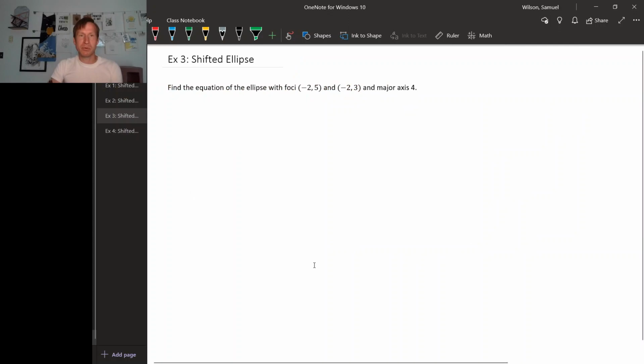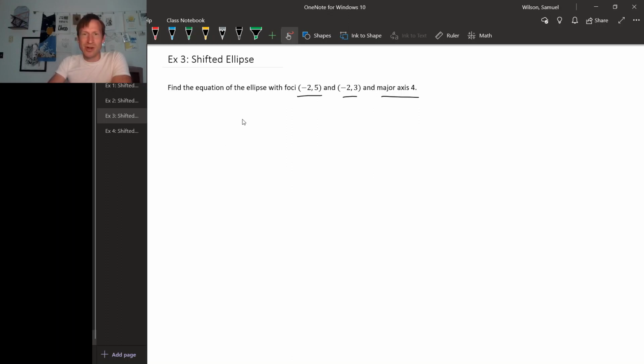Okay, another example. Let's find the equation of the ellipse with foci minus 2, 5 and minus 2, 3 that has major axis 4. So let's draw a picture of this situation so we understand what our ellipse is looking like. Here's our coordinate system.